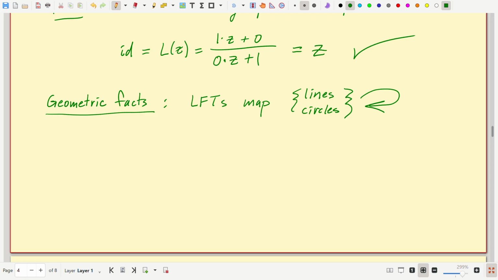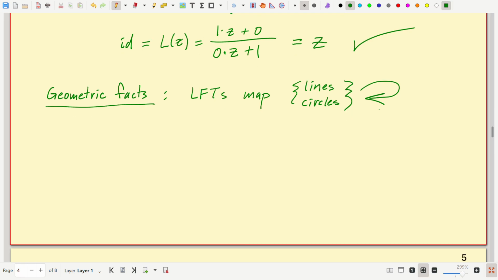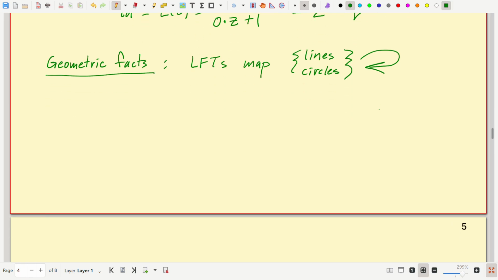It turns out they can jumble them up. The proof of that fact is very elementary. It's just kind of high school analytic geometry. So the basic maps 1, 2, 3 do that. That was just translation, rotation, and stretching.